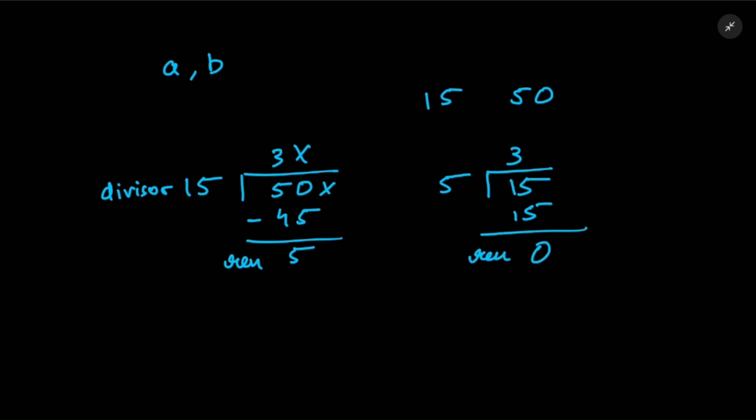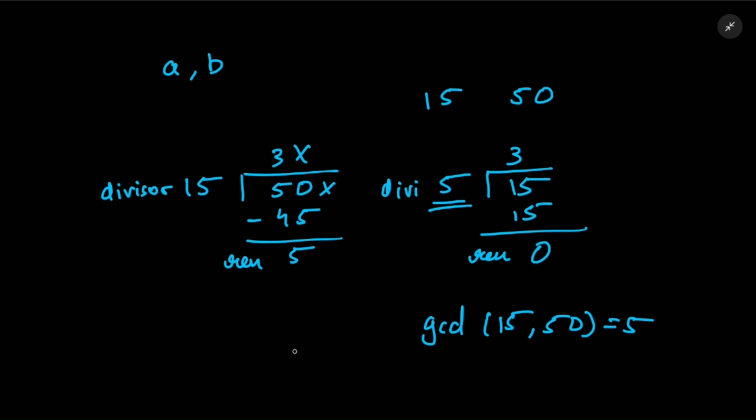So if we have our remainder as 0, this divisor 5 is our answer, and we have seen that GCD of 15 and 50 is 5, because GCD is the greatest common divisor, that is the greatest number that divides both the numbers.